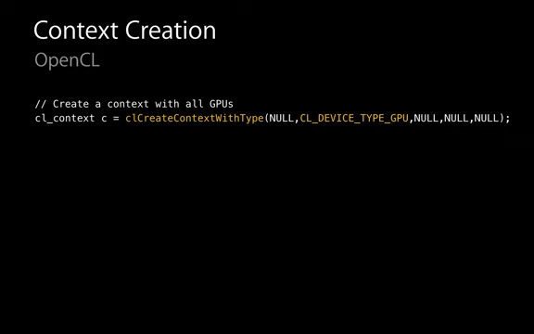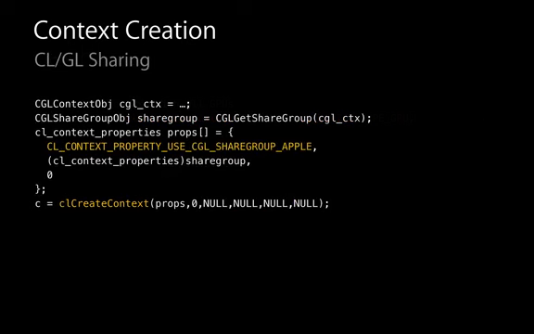So here, I'm calling CL_create_context_with_type, and I'm asking for CL_type GPU. That's going to give me a CL context that contains all of the GPUs in the system. On the Mac Pro, that means I'm going to get a context that has 2 device IDs, 1 for each of the discrete GPUs.